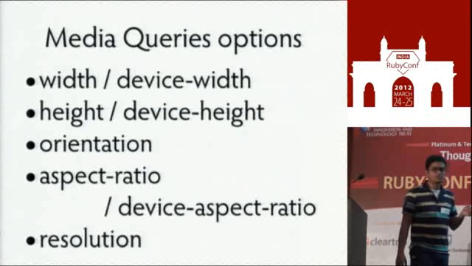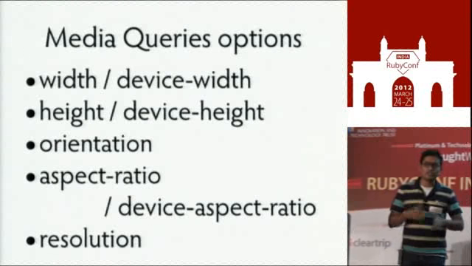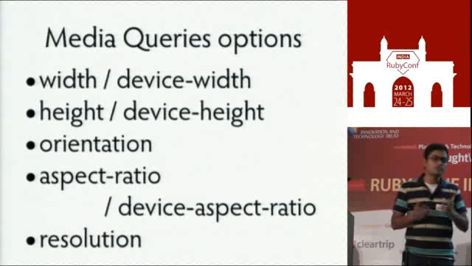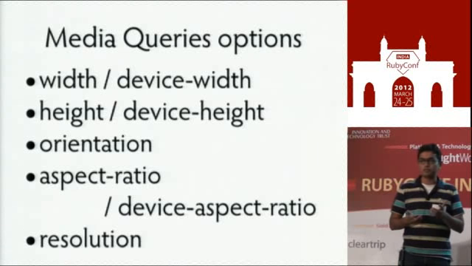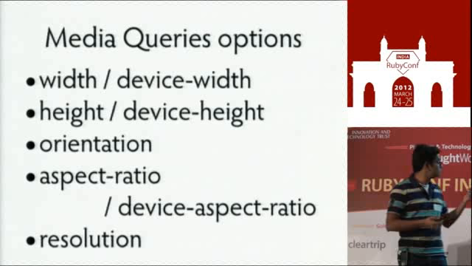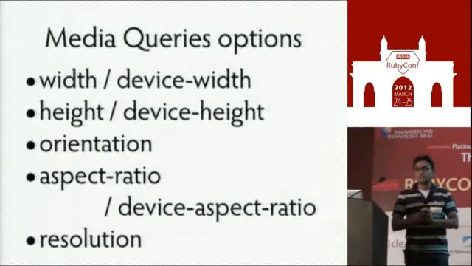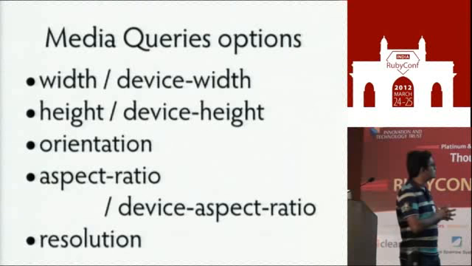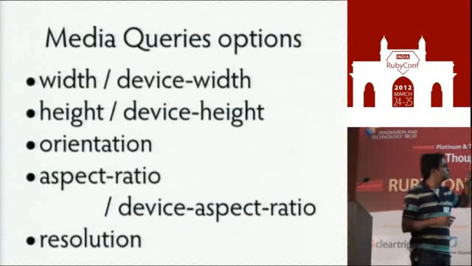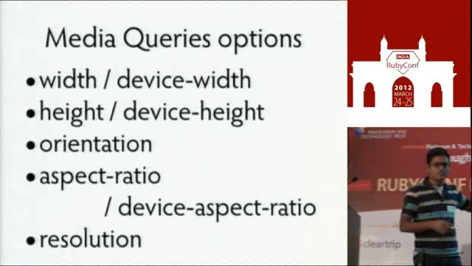Next, the orientation. If you want to customize the layout for a portrait or landscape mode, you can use that. Aspect ratio and device aspect ratio are basically similar to that. You can figure out whether it's landscape or portrait. And the resolution, I don't think it is very well supported just yet.